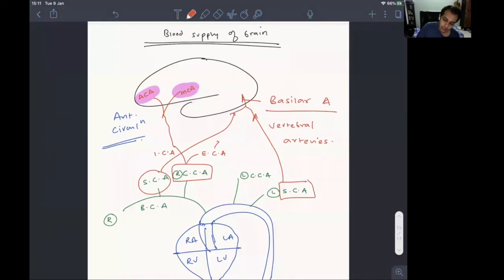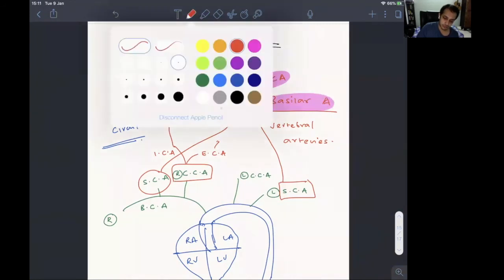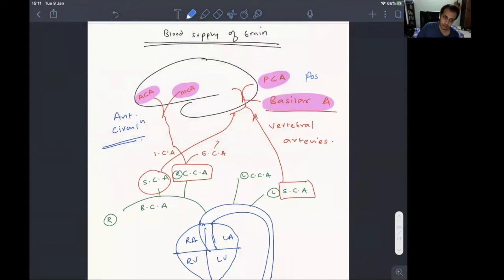The basilar artery then splits into two branches known as the posterior cerebral arteries. And this forms part of the posterior circulation. So the anterior circulation and the posterior circulation.